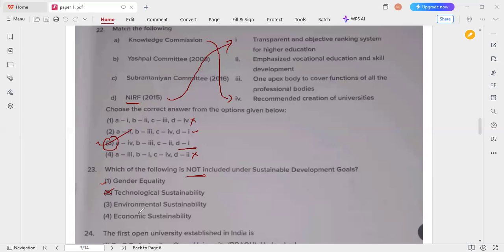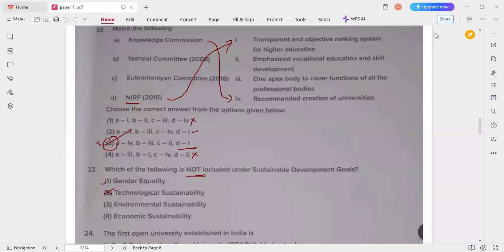Technological, environmental, and also economic. Gender equality is there, then environmental sustainability and also economic sustainability, but technological sustainability is not included under sustainable development goals. So that's why option 2 is the correct answer.